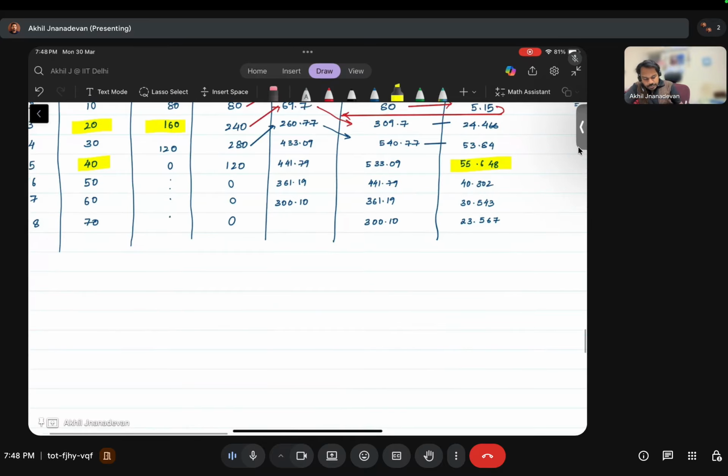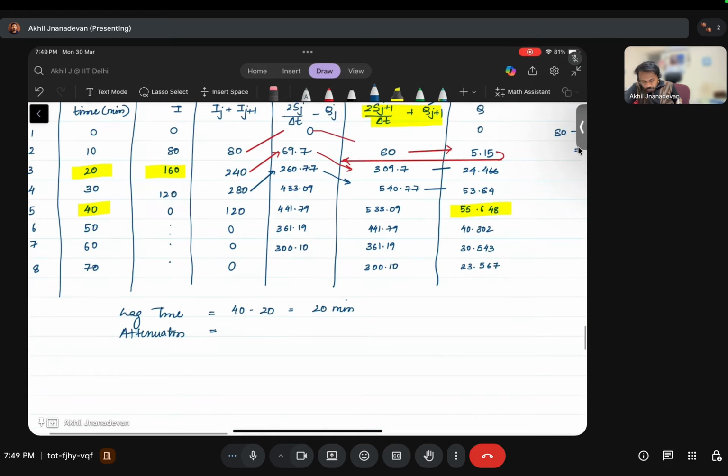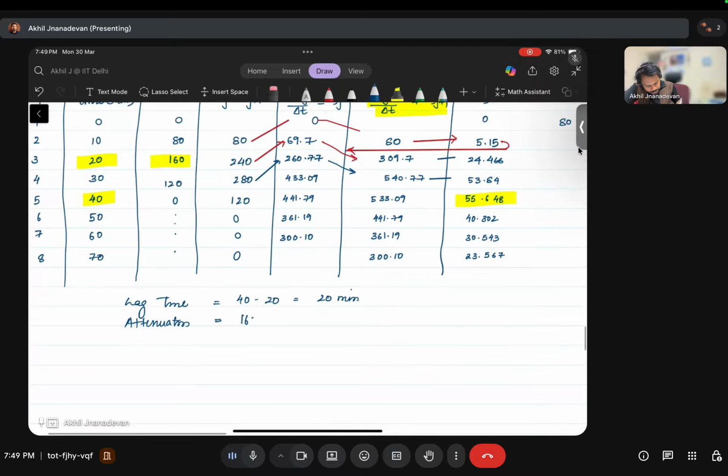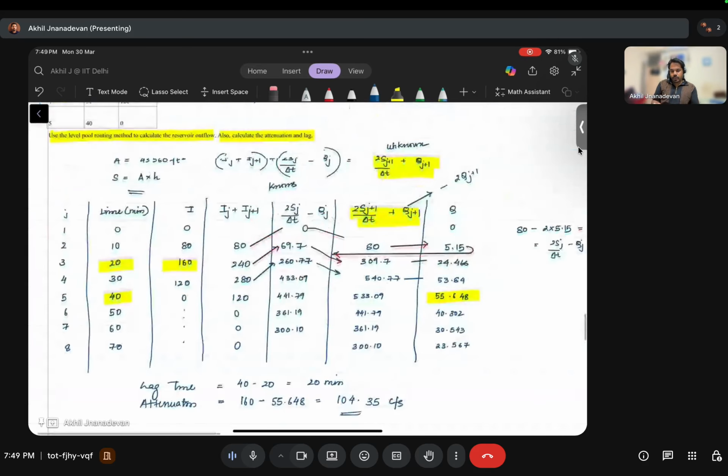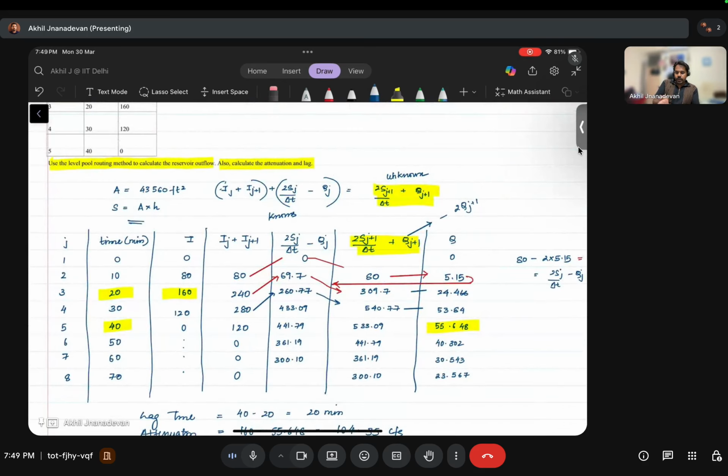So the lag time is nothing but 40 minus 20, that is equal to 20 minutes, and the attenuation is 160 minus 55.648, which comes to around 104.35 CFS.